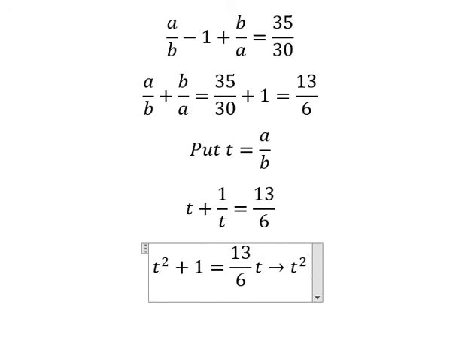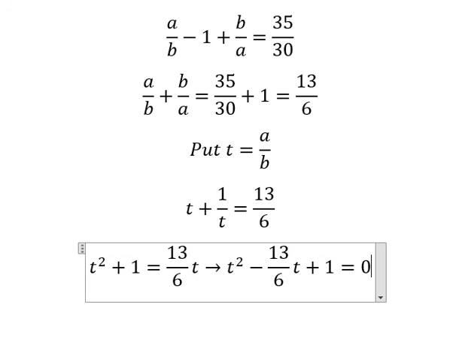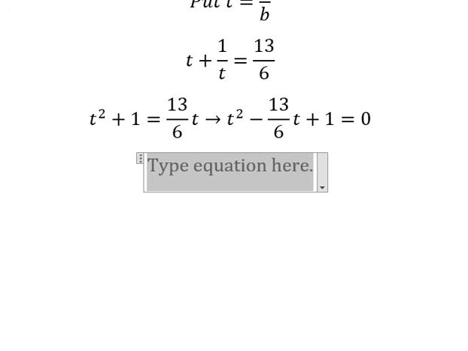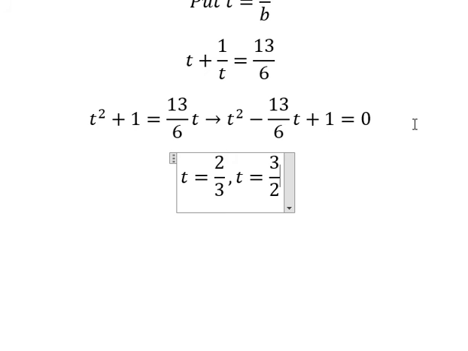And now we can find the solution of this one. So we can find the value of t. So we have two solutions, t equals to 2 over 3 and t equals to 3 over 2.